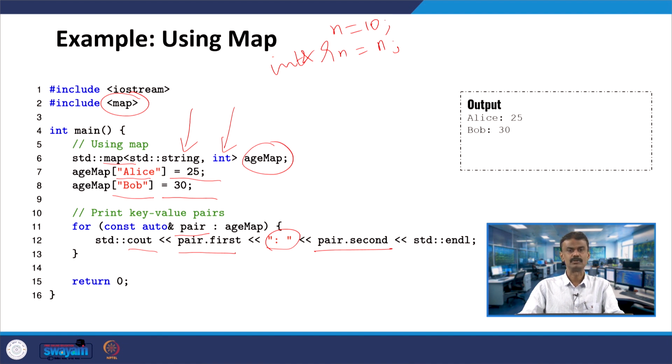For example, here we have used string and integer. If you use auto, pair dot first is mapped to string, and pair dot second is mapped to integer. That is the idea of using auto.